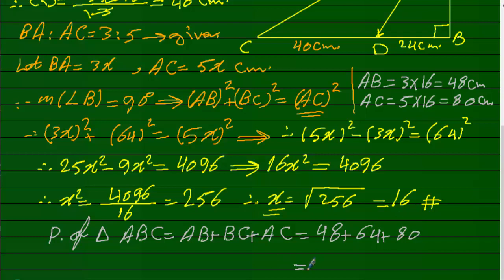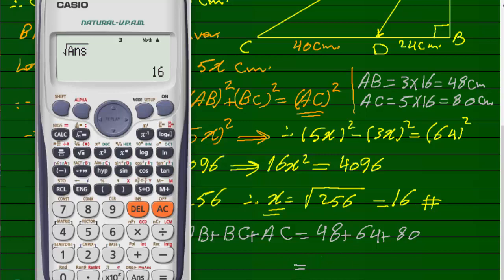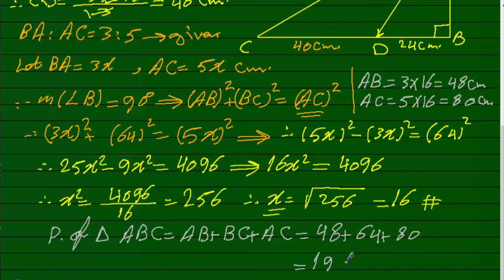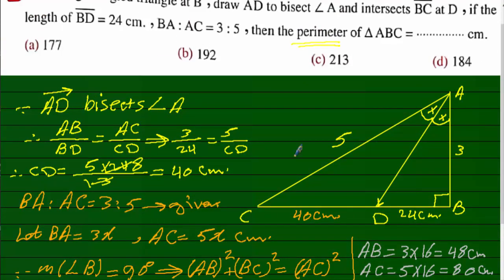And we calculate this. We have 48 plus 64 plus 80 equals 192 centimeters. So the answer is in letter B.